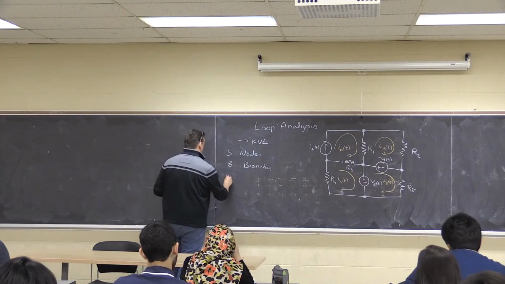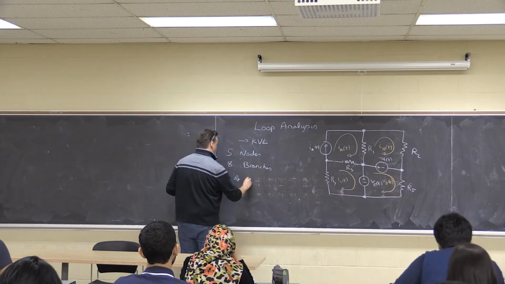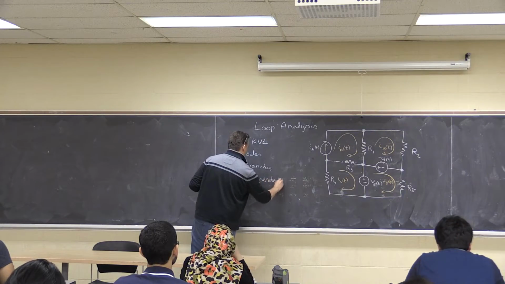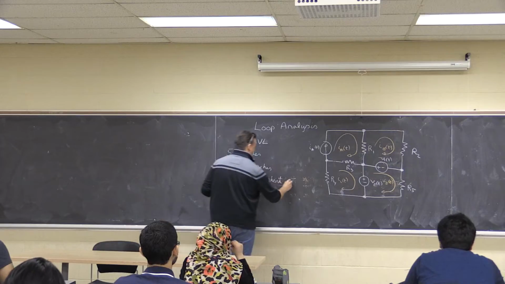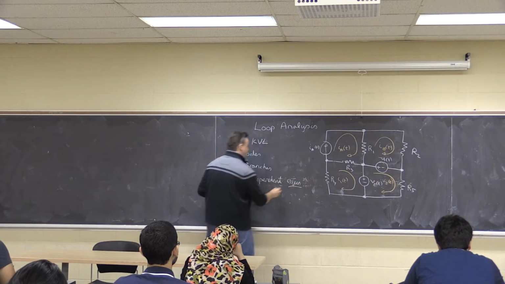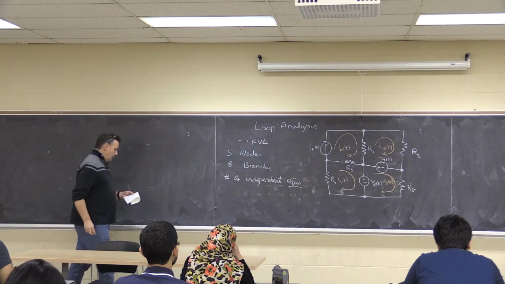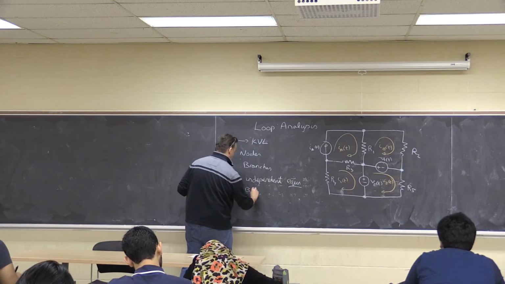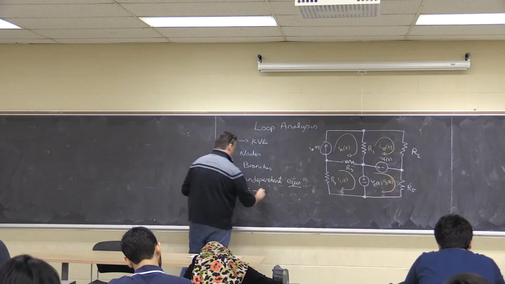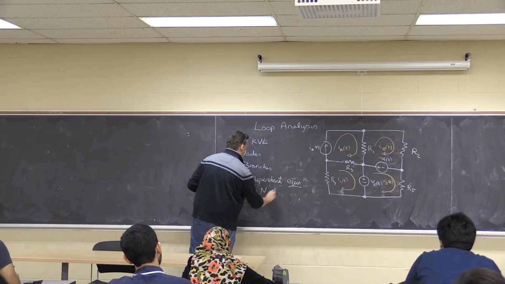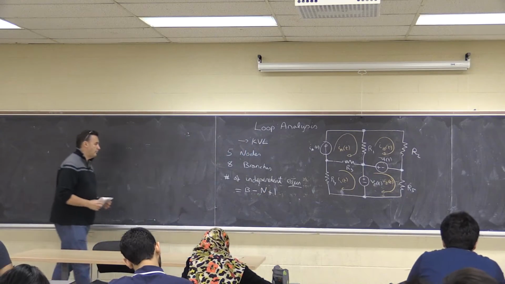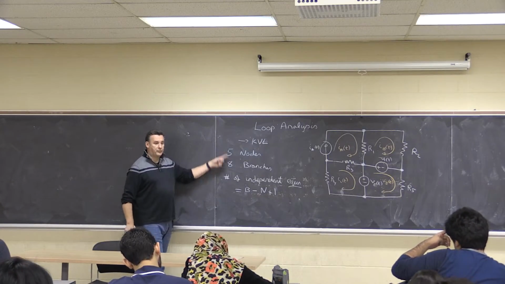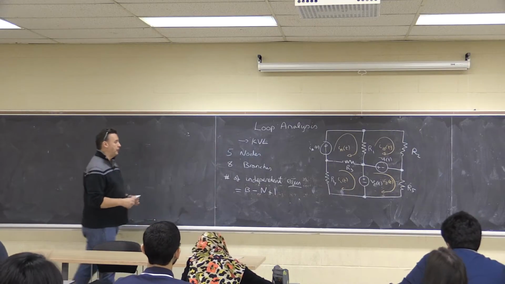So the number of independent equations is given by the number of branches minus nodes plus 1. 8 minus 5 is 3 plus 1 is 4, so we've ended up with 4 equations.